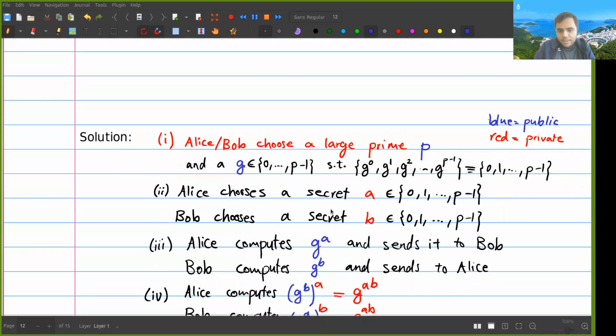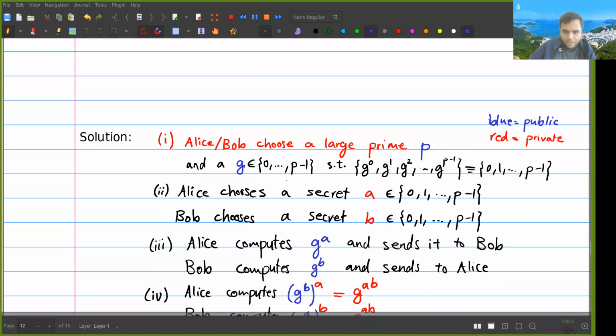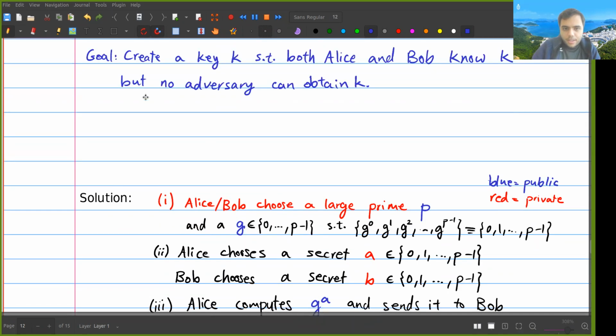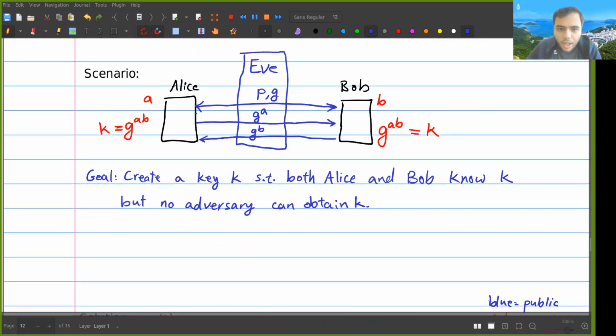But on the other hand, what we're going to do is this. I'm sending G to the A. So Alice is sending G to the power of A over to Bob. And Eve is seeing that, right? So generally, we want to have a very strong guarantee.